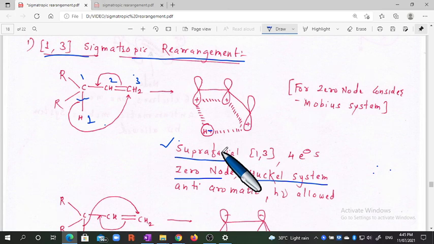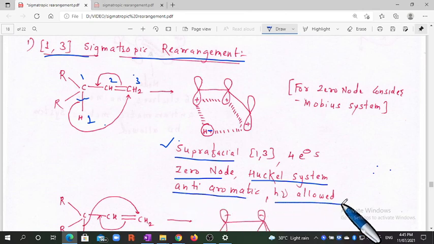By observing this, if the reaction is suprafacially allowed, then we predict that it is zero node and the Huckel system. Then what is important for whether the reaction is thermally or photochemically allowed is whether it is anti-aromatic or aromatic. If the system is anti-aromatic, then it is photochemically allowed.